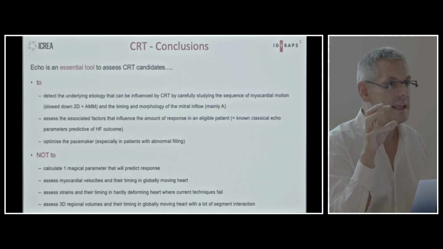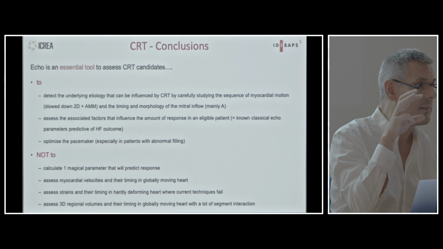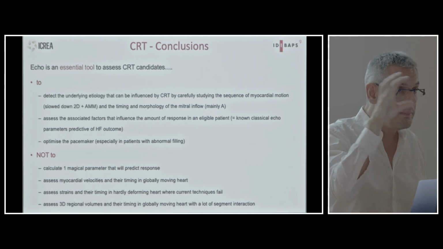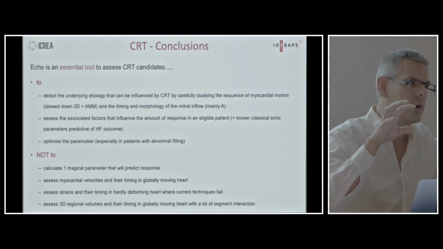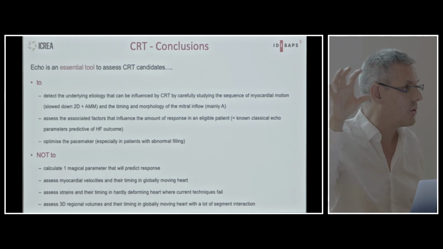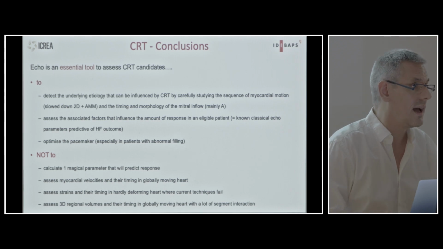So what I think is that imaging, and specifically echo, although you could use MR, but the most important, since these are very fast events, you need echo: B mode echo, M mode echo, Doppler echo, these are the most important. You could do it with strain or a little bit with tissue Doppler, but I still think just B mode, M mode, Doppler are the ones that you have to use. Use these to detect the underlying etiology.